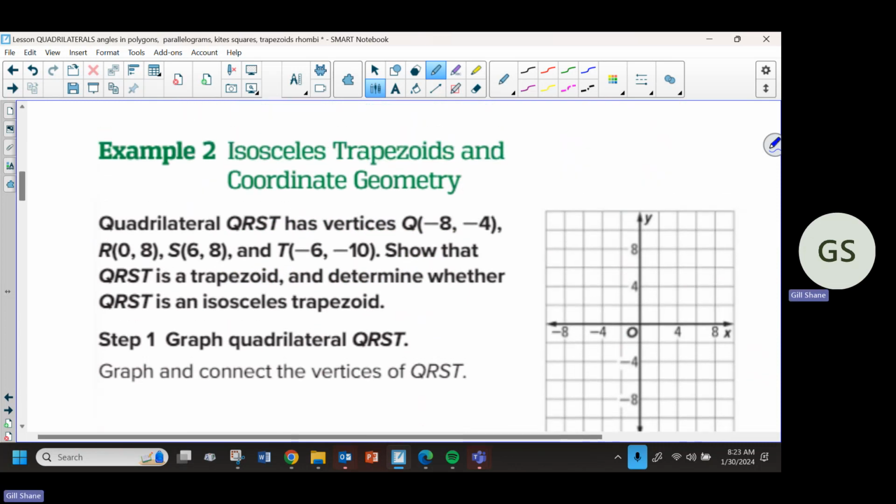All right, so quadrilateral QRST. I'm not doing a whole lot with this. I'm really just reminding you, what did we say we typically are going to do when we're dealing with a coordinate plane? What's the one measure we typically are going to use?